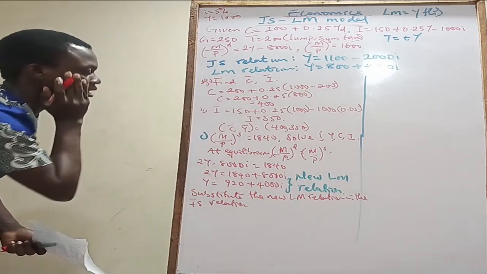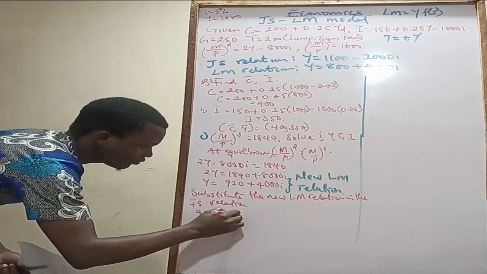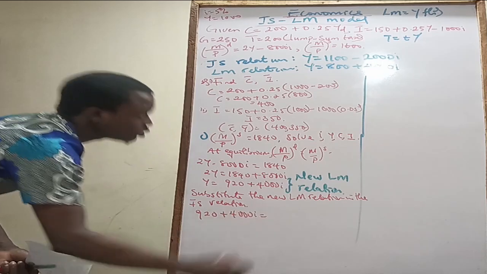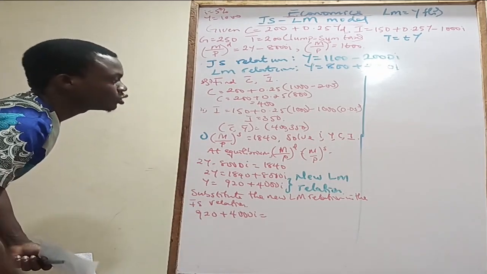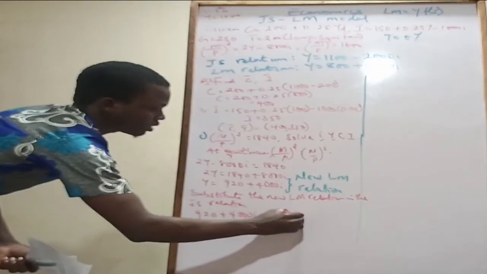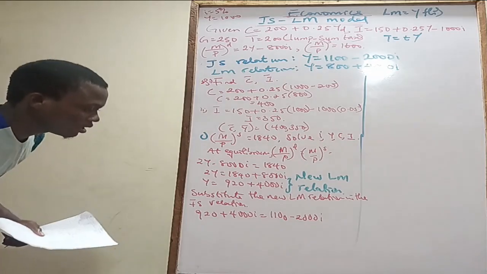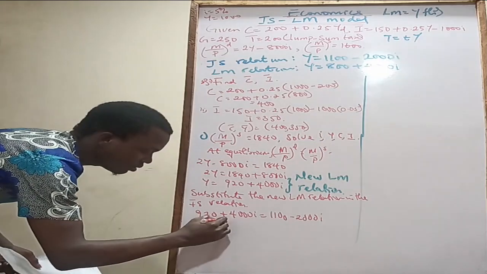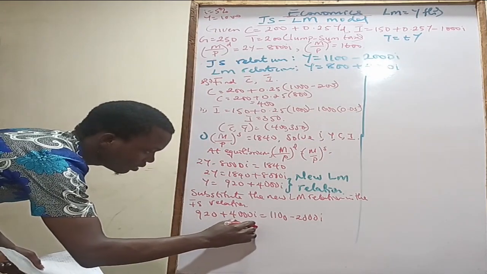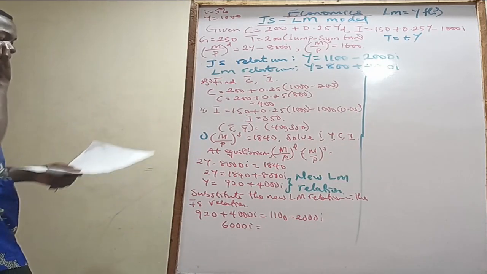So Y, which is now 920 plus 4,000 I, is going to be equal to 1,100 minus 2,000 I. So 1,100. This is still 6,000 I. 6,000 I equals 1,100 minus 920.